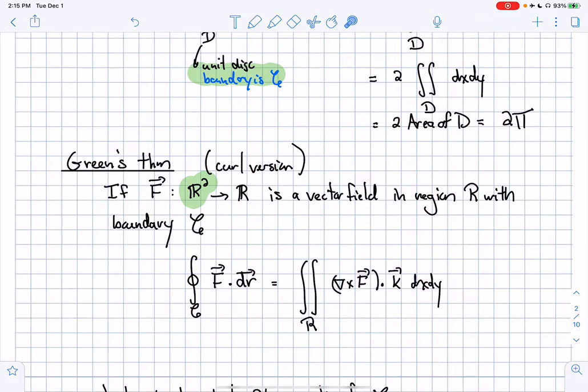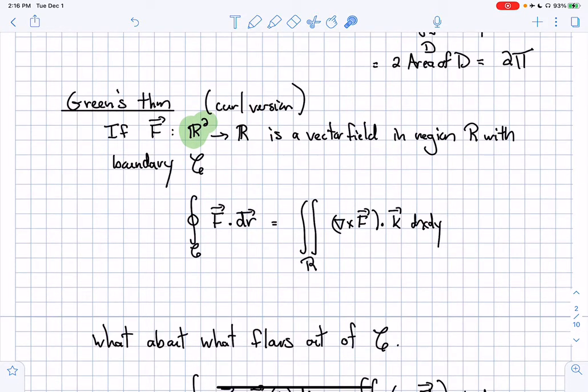So it's a vector field in a region R, and this region R has boundary, and the boundary is C. Then the line integral over C is equal to the double integral of the curl of F dot k dx dy. Okay, so it's a very interesting theorem that relates a double integral, so the integral over a region, with a line integral, the integral along a curve.